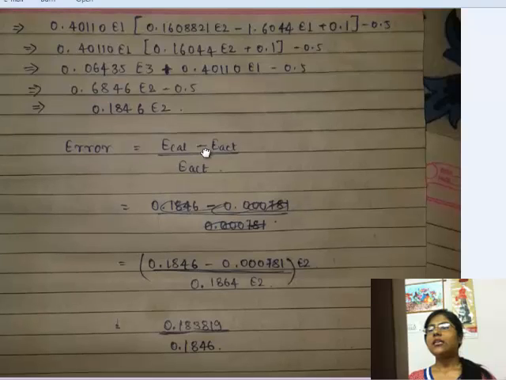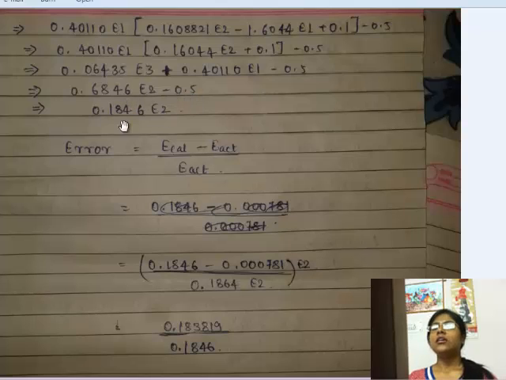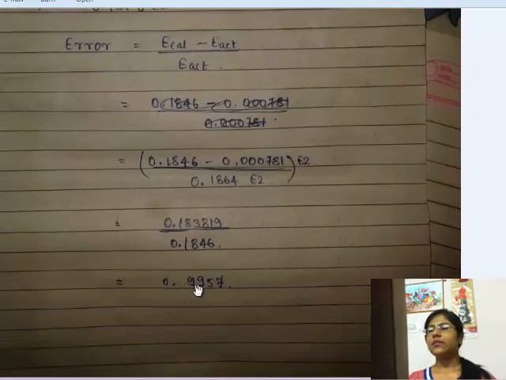So E calculated is the value that we have in the nested parenthesis method, that is 0.846e2, and E actual is the value that we have in the straightforward determination, which is 0.000781e2. So the error that we get is 0.9957.